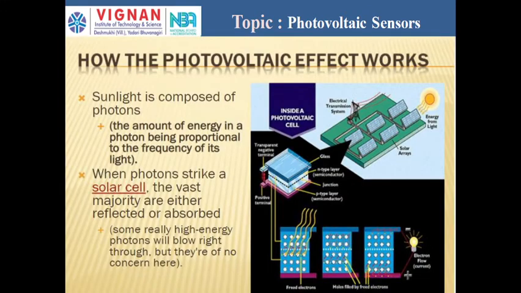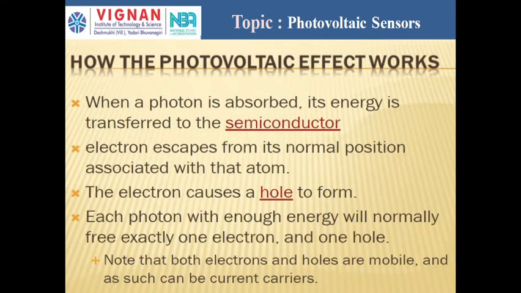Generally, sunlight is composed of photons, that is, light energy. The amount of energy in a photon is proportional to the frequency of its light. When photons strike the solar cell, the vast majority are either reflected or absorbed.